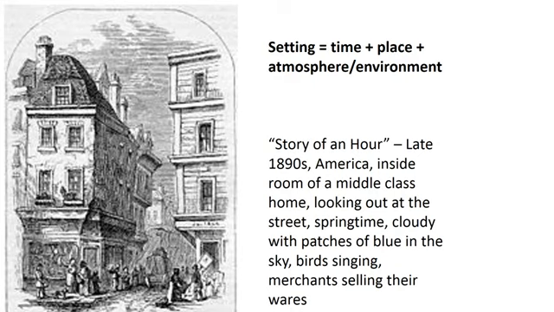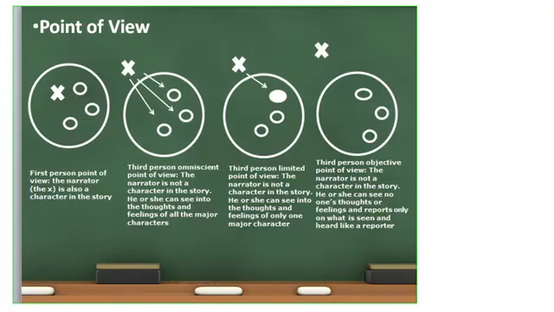Springtime is a time of hope and new beginnings. Cloudy with patches of blue. Cloudy means scary, bad, ominous, and patches of blue means a little ray of hope, a little way of escape. So we can see these details and start making connections to what the whole story is about.